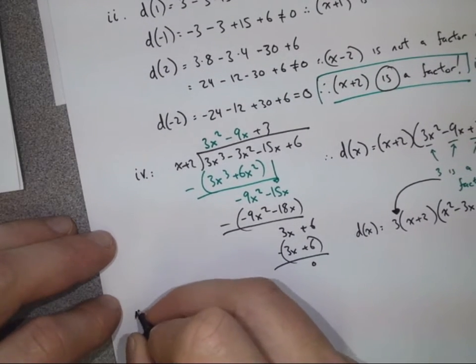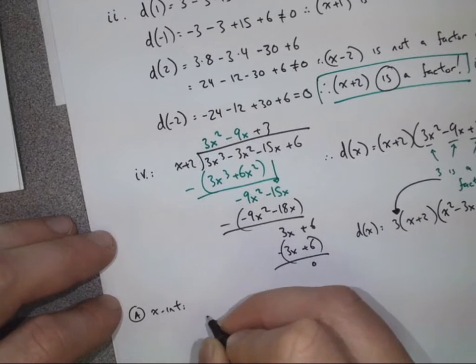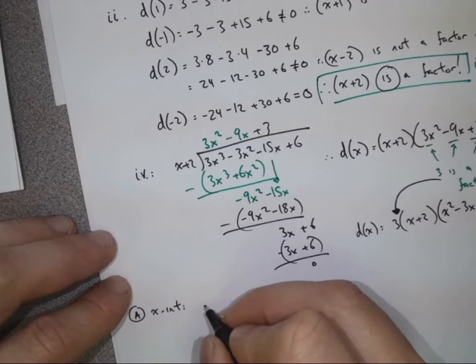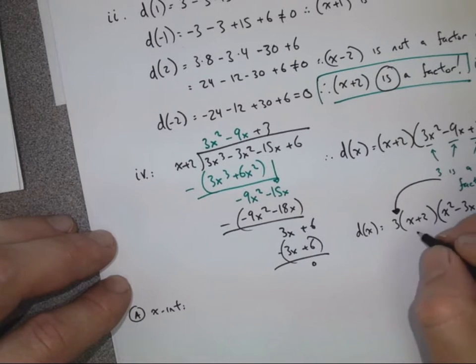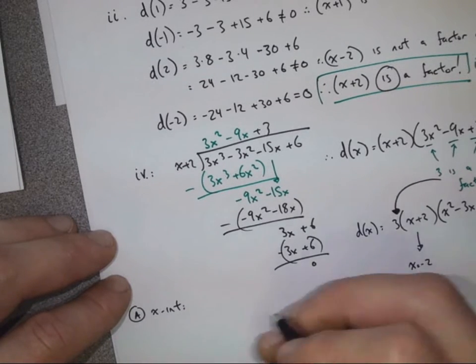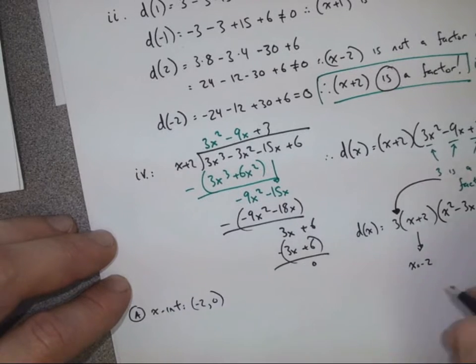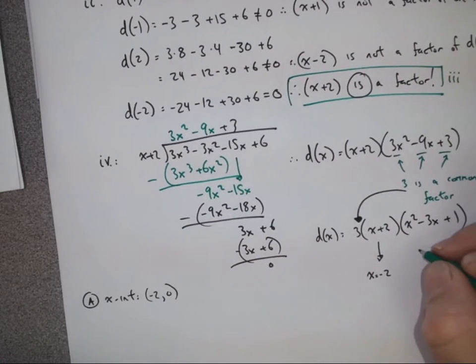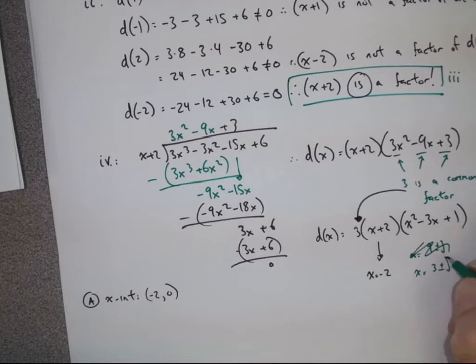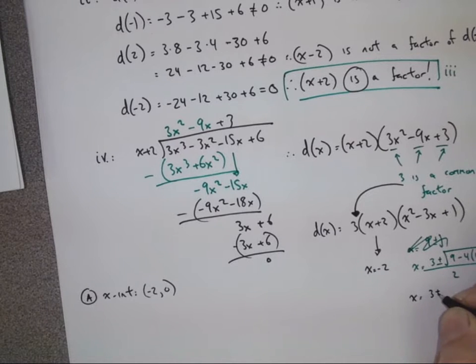So I'm going to sketch my x-intercepts. I'm going to find that x is -2, so there's a point at -2, 0, and I'm going to have to use the quadratic formula here. So this is going to give me x equals 3 plus or minus the square root of 9 minus 4 times 1 times 1, which is 1, all over 2 times 1, which is 2. All right, so x is 3 plus or minus the square root of 9 take away 4, which is 5, over 2.